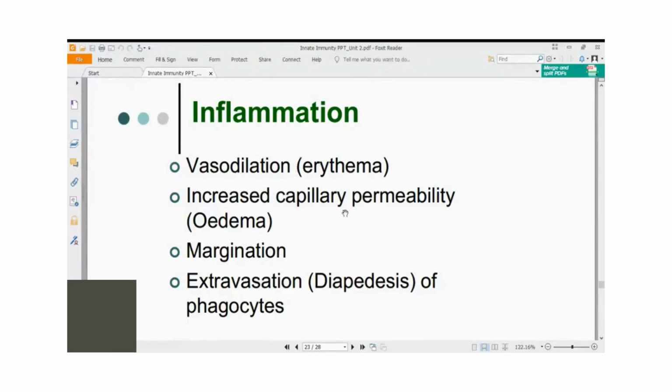And that process of increased plasma leakage results in swelling of that area. You have all experienced this when you are wounded. The wounded area becomes red in color. Around it, there will be redness. And then the wound becomes swollen and highly painful. You can't touch that wound for some time. And the swelling of the wounded area is called edema.